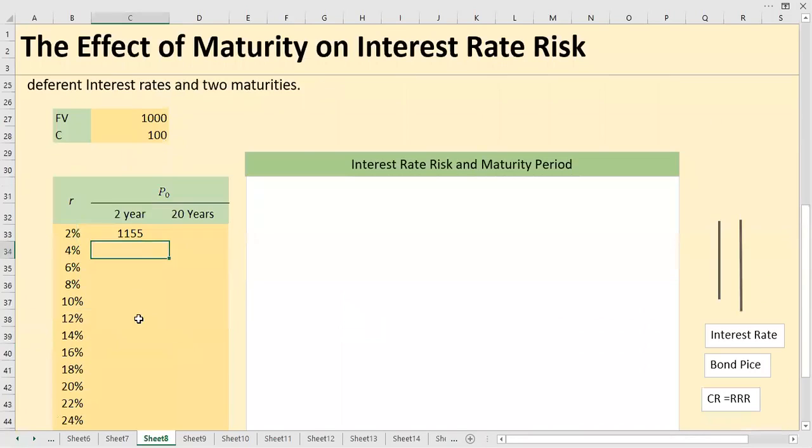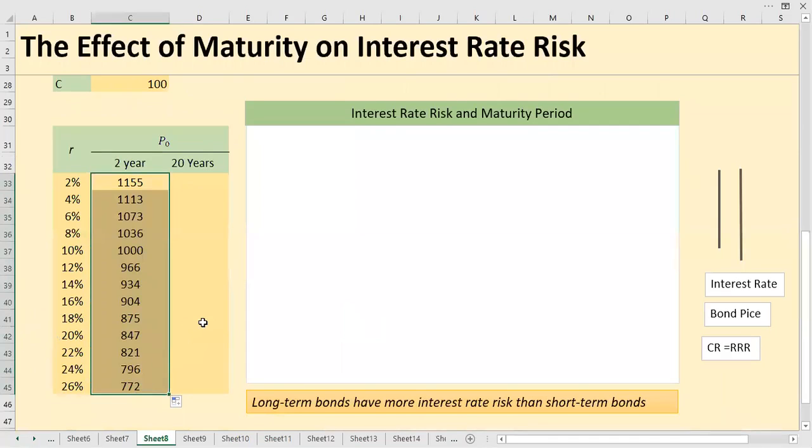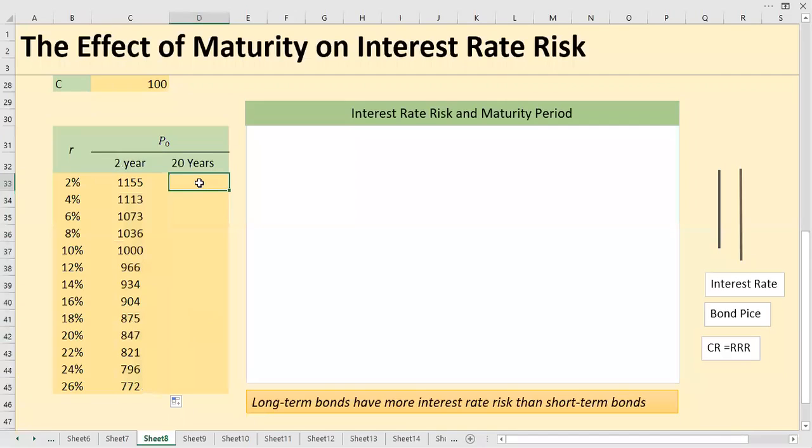Now, in the same way, I'm going to drag it down, so you get the answers here. Then I'm going to go for the next bond, that is the 20-year bond. Again, I'm going to apply the formula, present value PV, and the rate is again 2%.